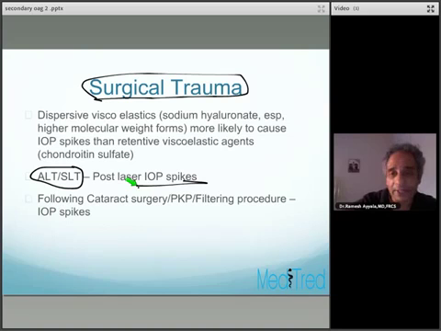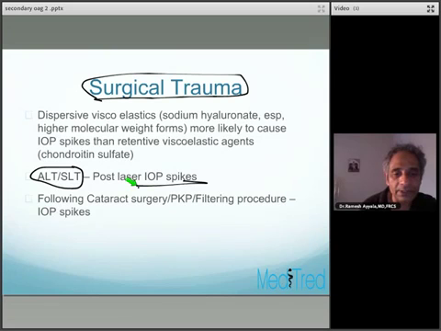It's not only alpha agonist; in fact, you can use a beta blocker or a carbonic anhydrase inhibitor, any of these medications half an hour prior to the laser procedure, and then go ahead and proceed with the laser. And always make sure that you check the intraocular pressure about an hour after the laser procedure to catch these IOP spikes and, if necessary, treat appropriately.